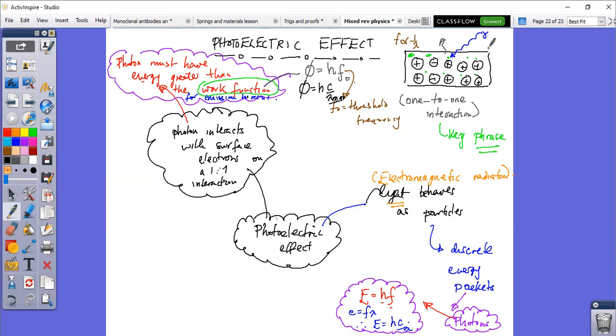So a photon comes in with energy equal to hf, where hf is greater than hf naught, and f naught is the threshold frequency. It now interacts on a one-to-one basis. So if the energy of the photon is greater than the work function, what's going to happen to the excess energy?